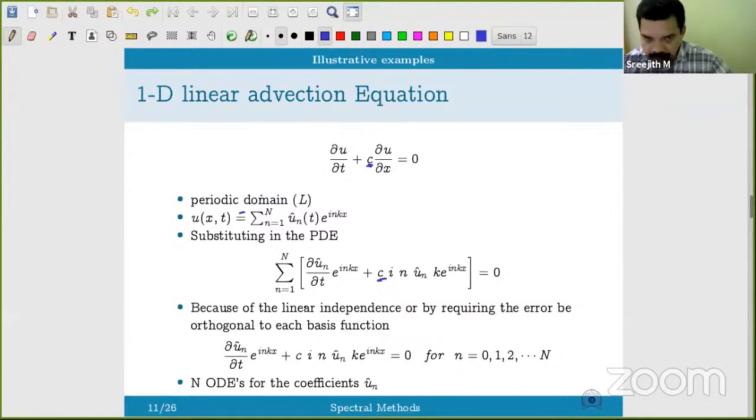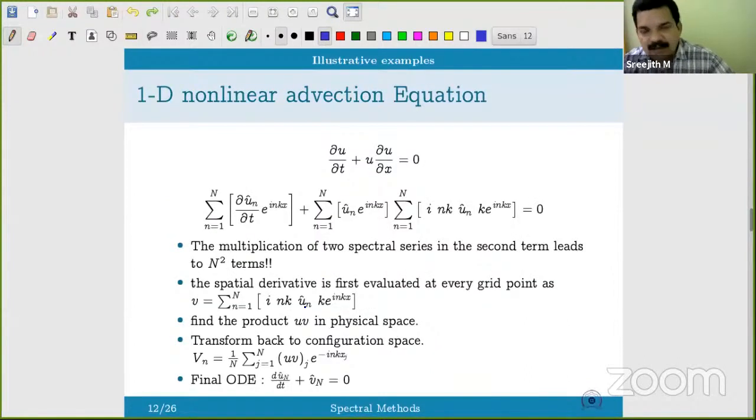In the case of the nonlinear advection equation, the term c is replaced by u. It's a velocity term, so it is not constant; it is varying with u.